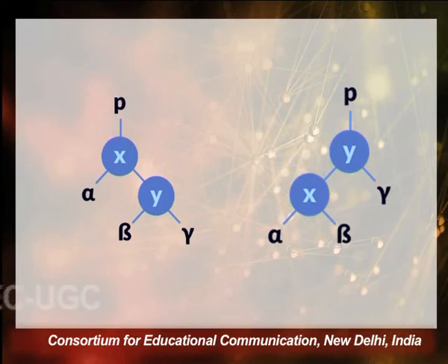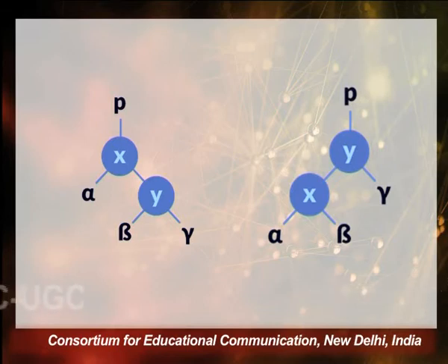Taking the figure on the other side, in which y is the parent, now we perform the right rotation on the node y. When y is rotated to the right side, we get the initial figure again, with x as the parent of y and y as the right child of x.